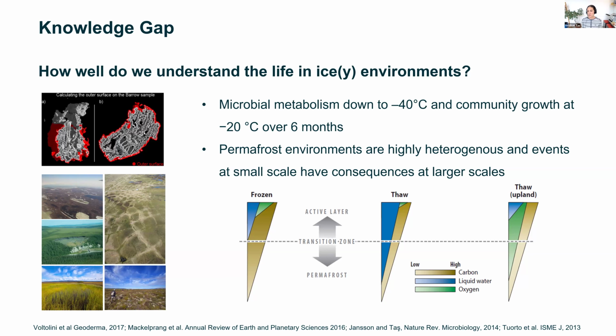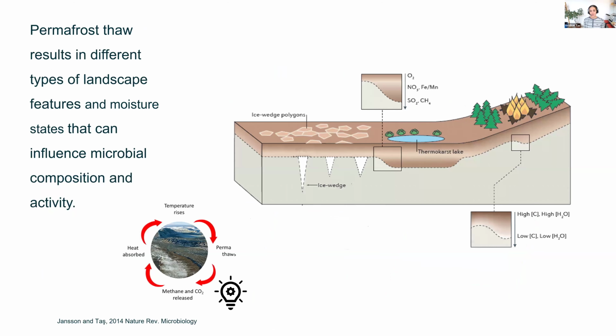Distribution of different materials and moisture really creates a lot of differences in the landscape and creates further complexity to our understanding of what life is under those conditions. So with multitudes of landscape features and moisture distributions and structures, at the end, it really influences the microbial composition and activity.